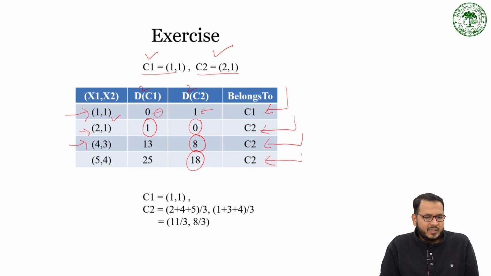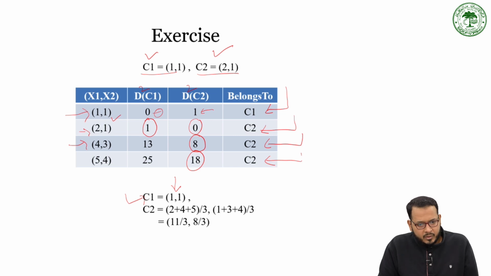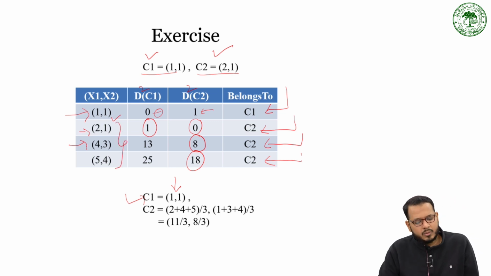Now we have to update the location of both centroids, C1 and C2. As you can see here, there is only one point that belongs to C1, which is 1, 1. So 1, 1 itself will become the centroid. However, in the second case, there are 3 points that belong to cluster 2.